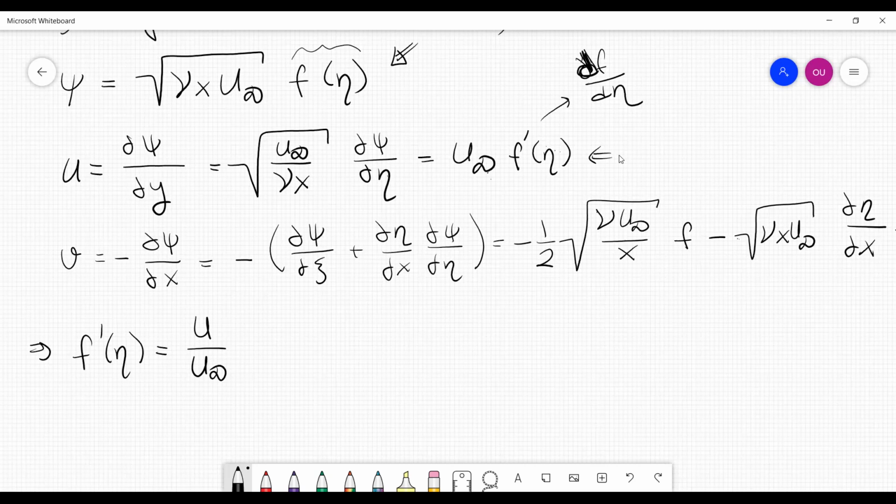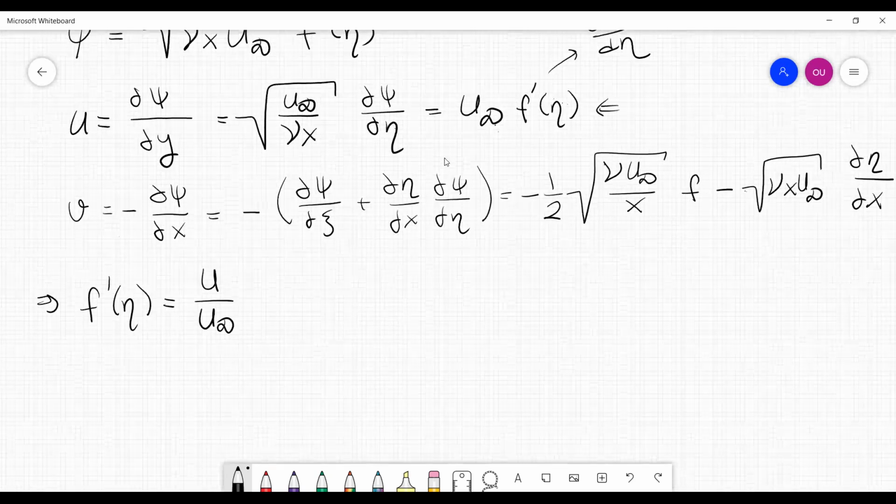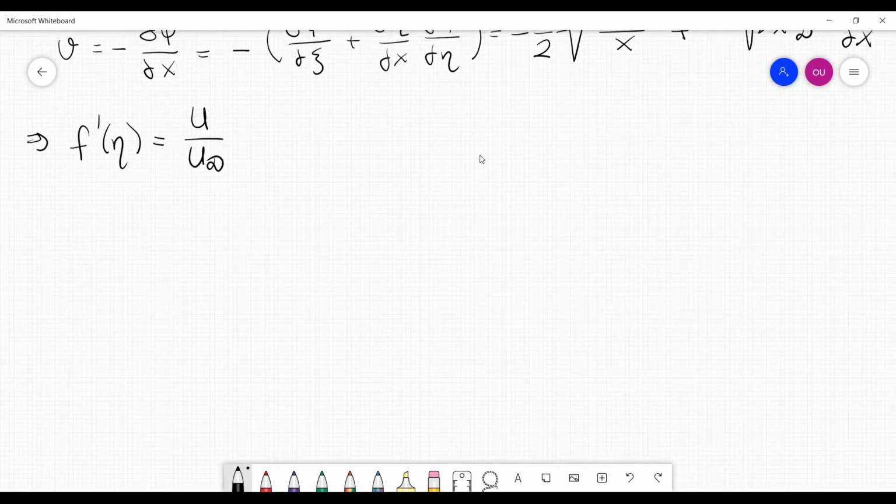So that is convenient. Basically, substituting all these terms into the momentum equation, we get an equation written in terms of this f function, okay? So what do I substitute?